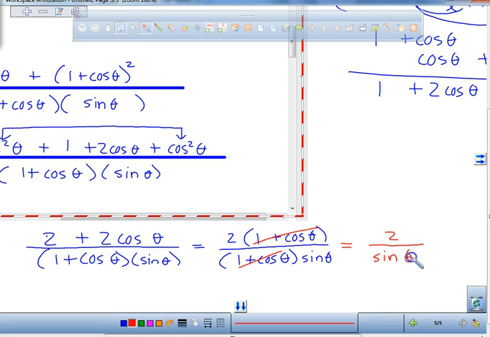The sine of theta. Uh-oh, we're not done yet, because we have what's called a reciprocal identity. What is the cosecant of theta actually equal to? 1 over the sine of theta. So there's 2 of them, right? So this becomes 2 cosecant of theta. And there you go. And that's how it's done.